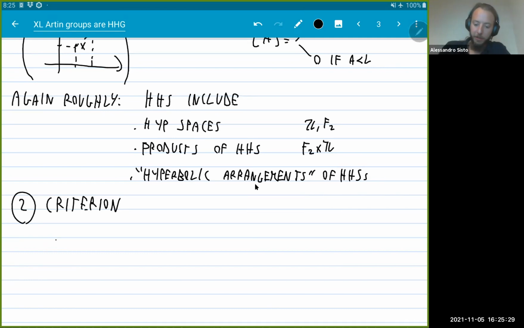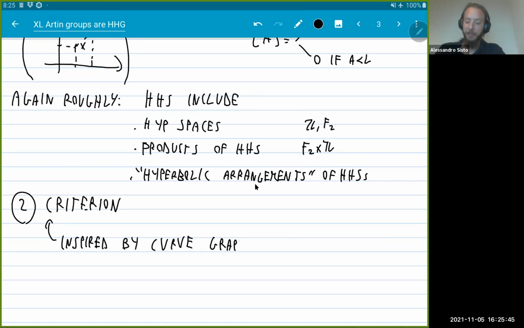So if you don't know what the curve graph is, you can take a break, go grab a coffee, or reply to emails, whatever you want. So the criterion is inspired by the curve graph. Okay, so only a few minutes, so don't worry.